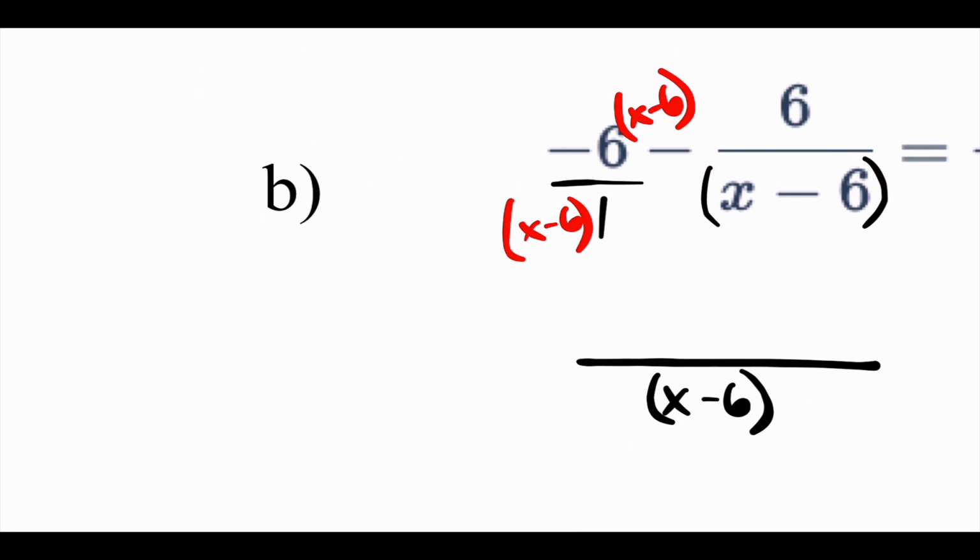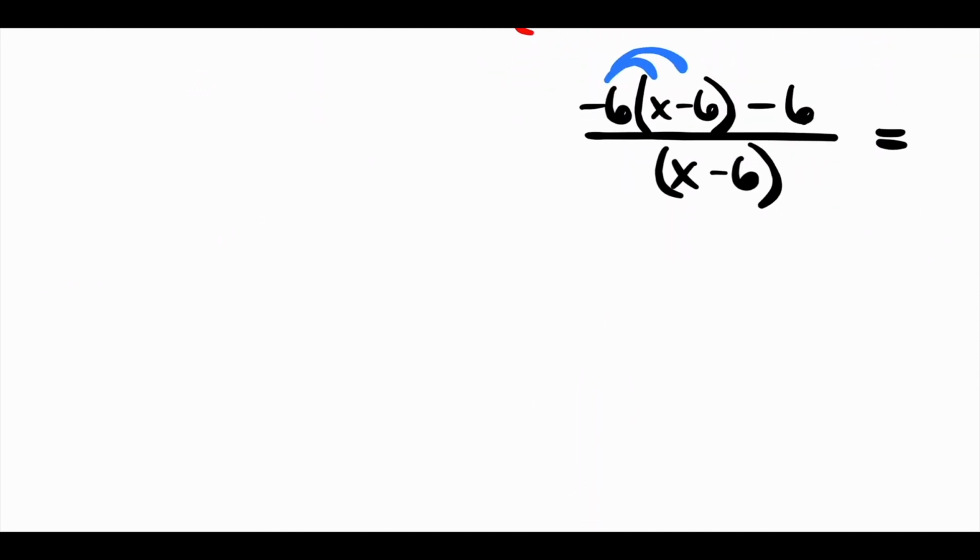Okay, so let me write down what I got on top. I got a -6, parentheses, x minus 6, and then minus 6. Distributive property? -6x plus 36 minus 6.